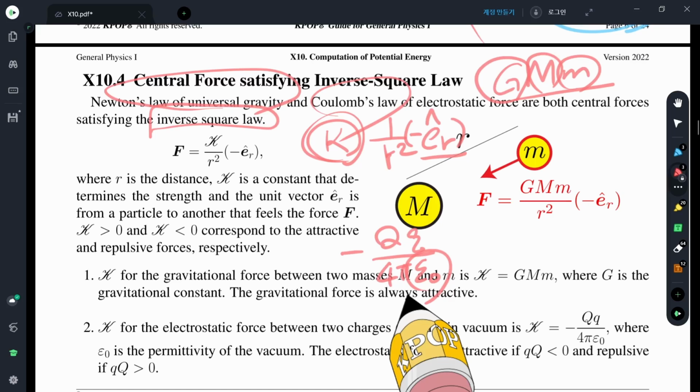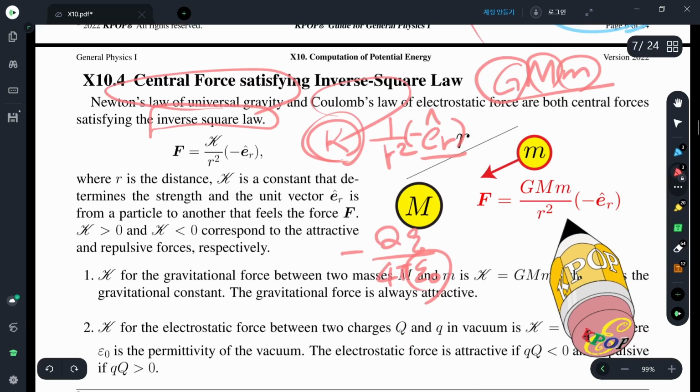In either case, the logic is exactly the same. So if you do this calculation in the gravitational case, then in the next semester your life is very easy, because the theory is a carbon copy, except for the magnetism. That is a little bit difficult in comparison with this.